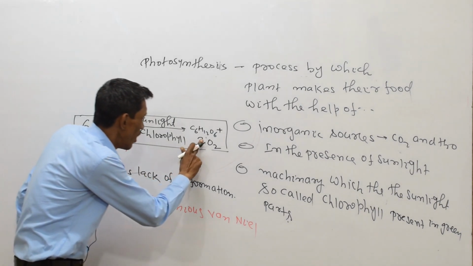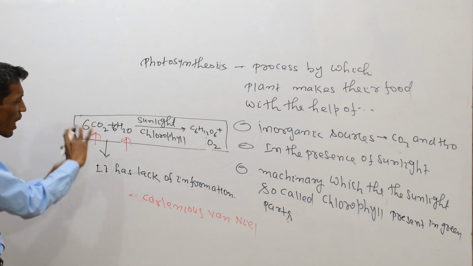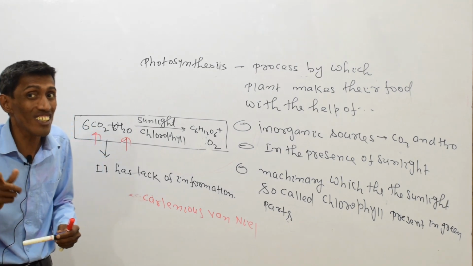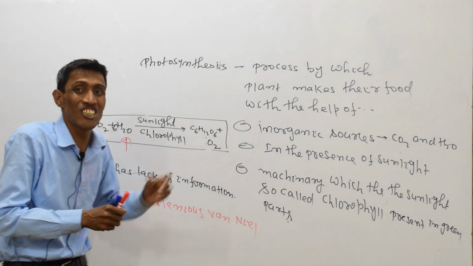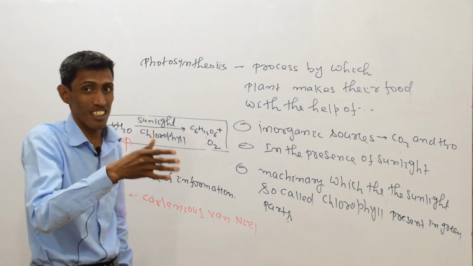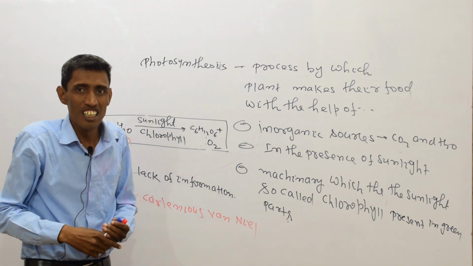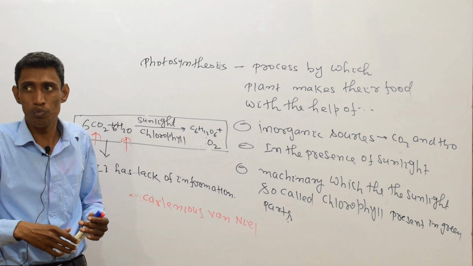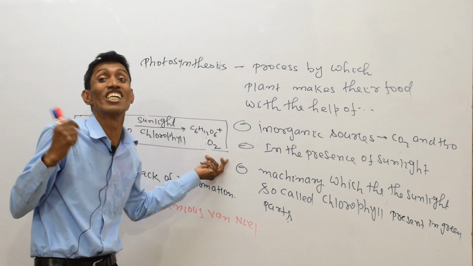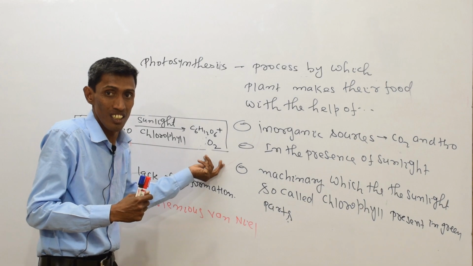So for earlier classes, for class 6 or class 7, this equation is sufficient. You write it, I will give the whole marks, because I am not much interested in where the oxygen is coming from. The children in classes 6 or 7 are not very keen; they only know that oxygen is releasing and oxygen is the product.